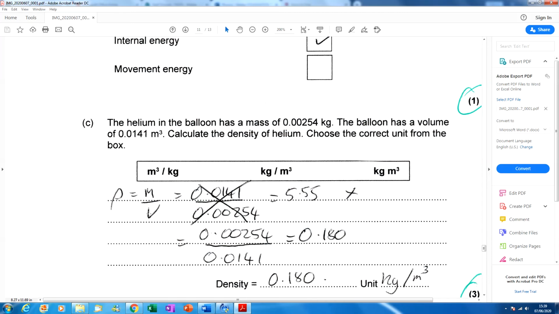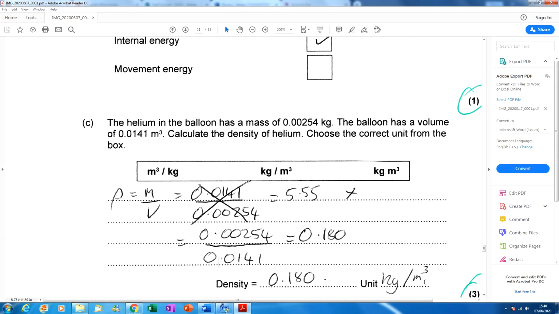I have my brain switched off here, but luckily I caught myself. You need to put your mass on the top line, which in maths is called the numerator, and you need to divide it by the volume, which is this number here, and the thing on the bottom of a fraction is called the denominator. So when you do that, you get 0.180, and the unit is kilograms / meters cubed.